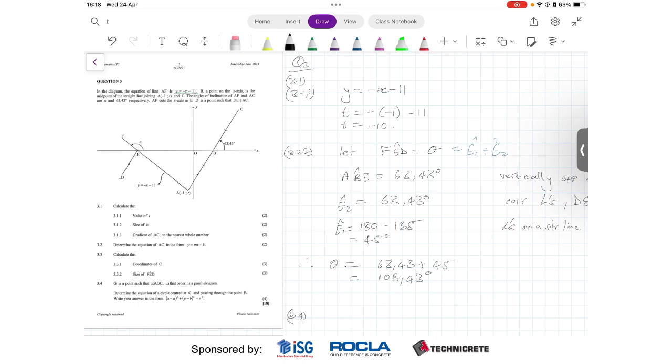I'm not really sure where the G would be, because the only way to create a parallelogram in this case would be to put that there and have it called G, and that would not be EAGC, that would be EACG. Okay, let's leave that alone.